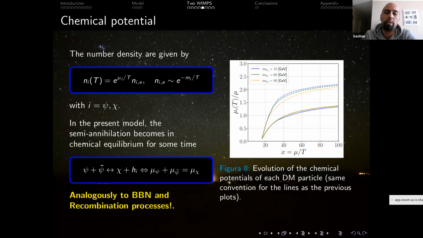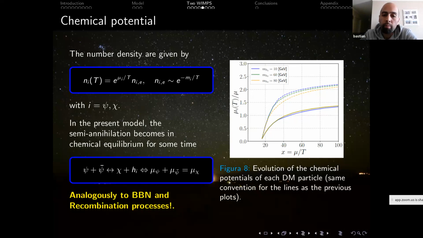So in this case, you have processes as they appear in the second box, in which two fermions go to one pseudoscalar plus one of the Higgses. Chemical equilibrium is reached as long as the chemical potentials of these particles fulfill this equation.